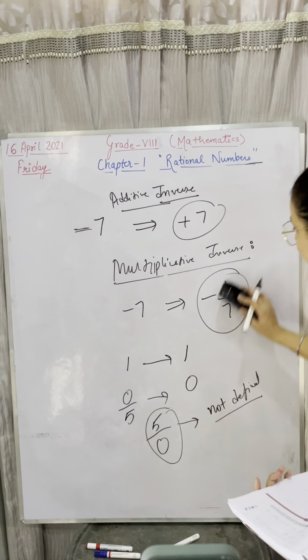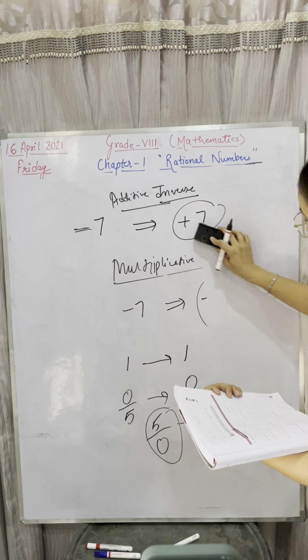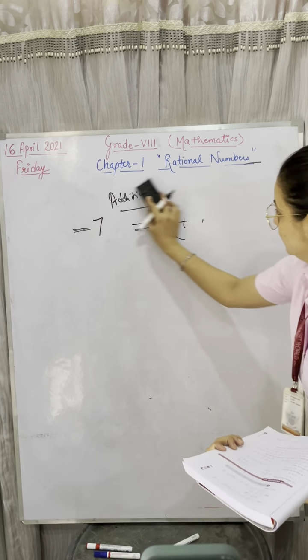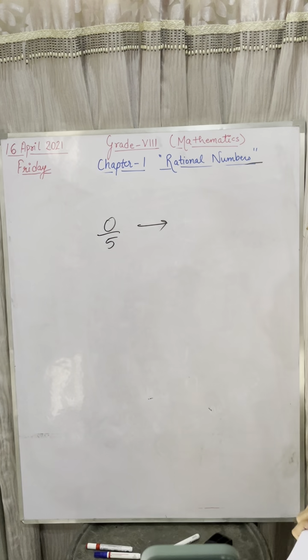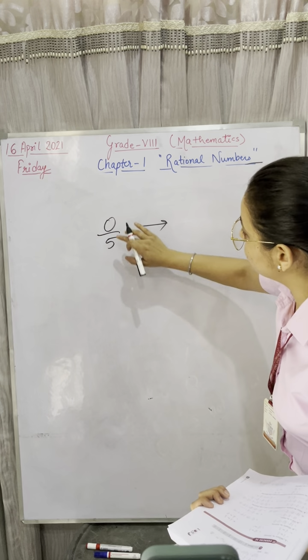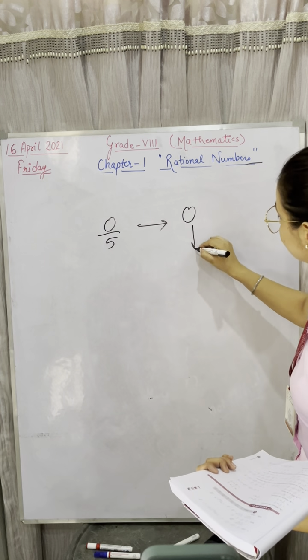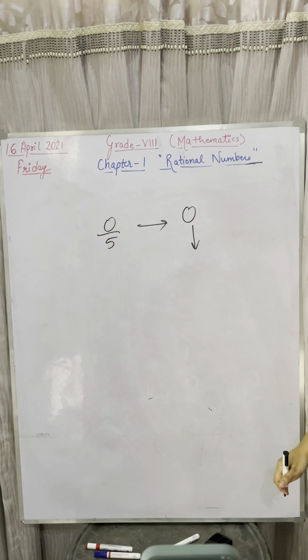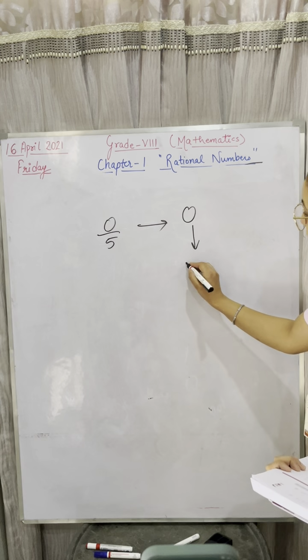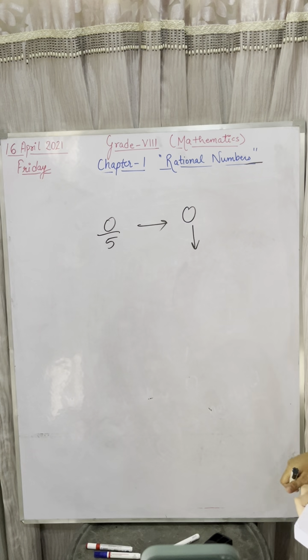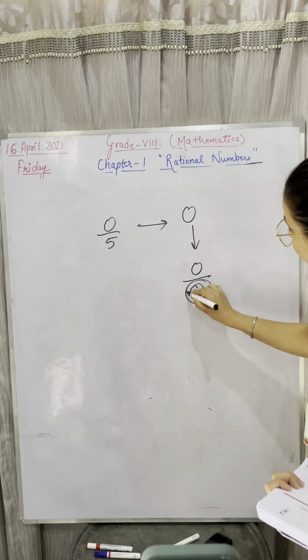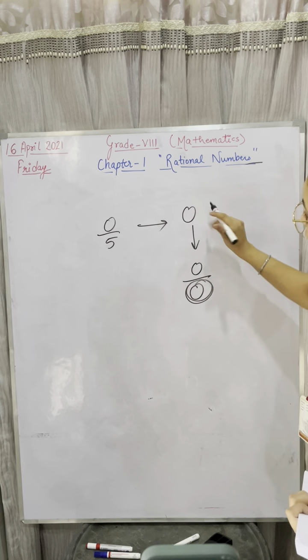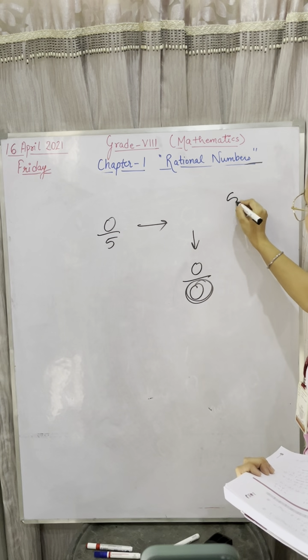One part is there in your 5th question, I'm telling you that part. The question is 0 divided by 5. Find the multiplicative inverse. First of all, 0 divided by 5 is 0. Now tell me the inverse of 0. The inverse will be 5 divided by 0.